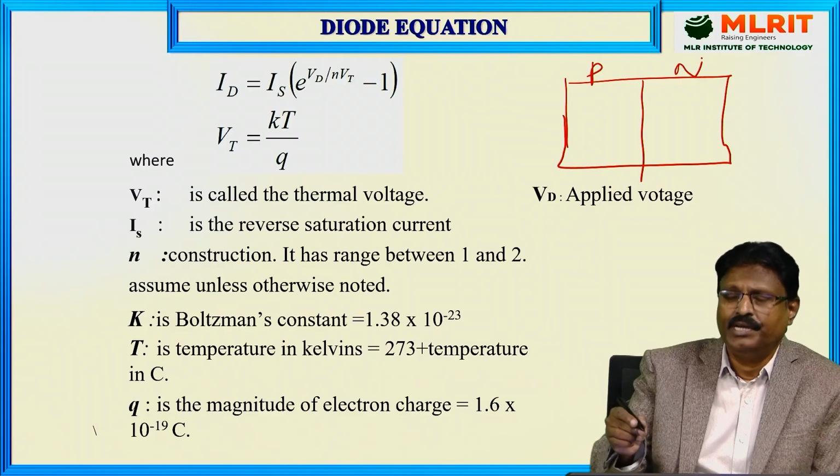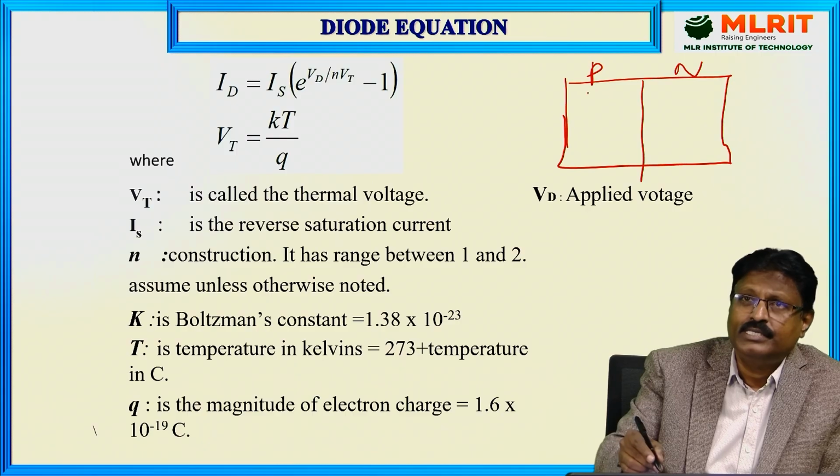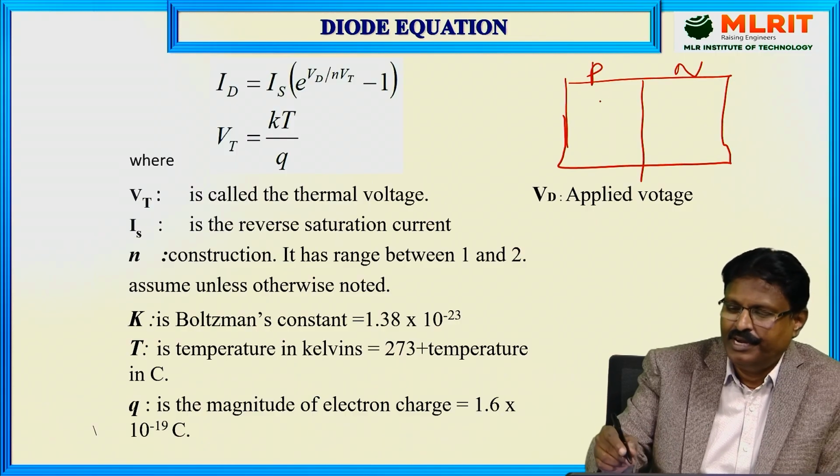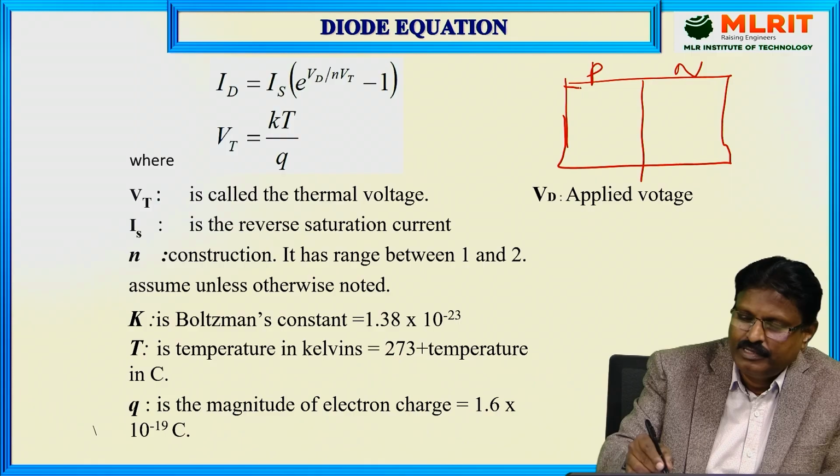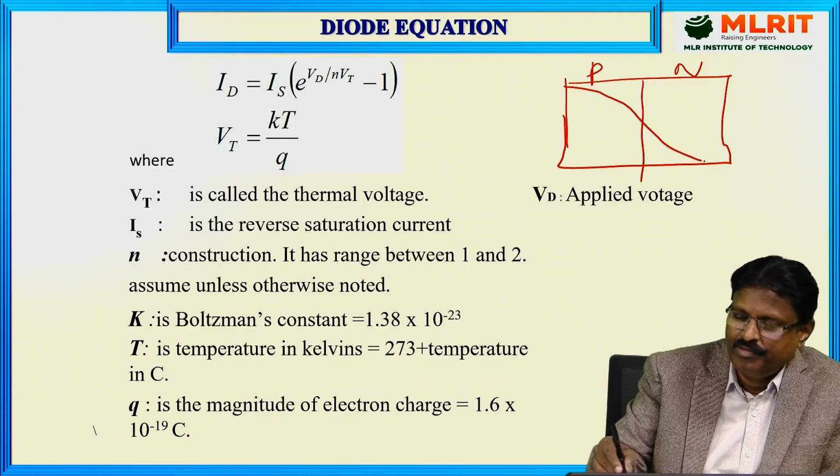As you know, the majority carriers in the P side are holes, and the majority carriers in the N side are electrons. Here I am drawing a curve related to the currents.